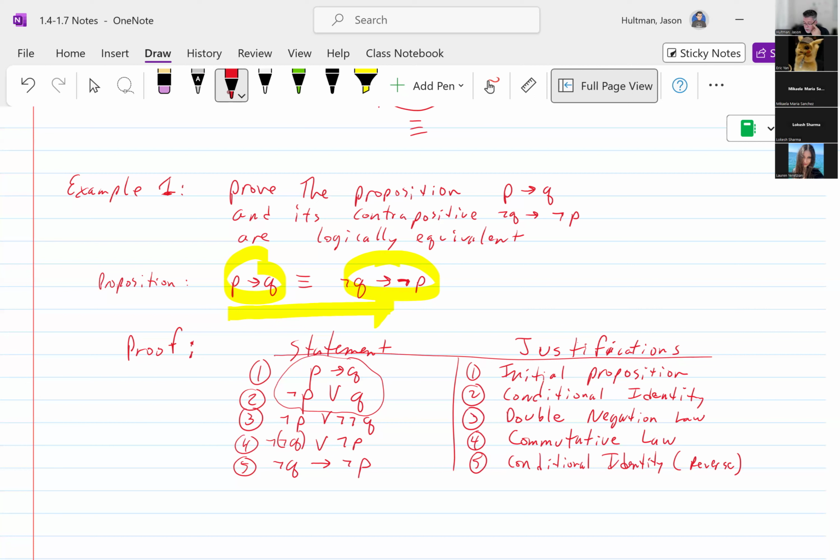Yeah, because there's no way to get this guy without double negation. Does that make sense? No, you won't. You will end up with a Q if you don't use double negation.